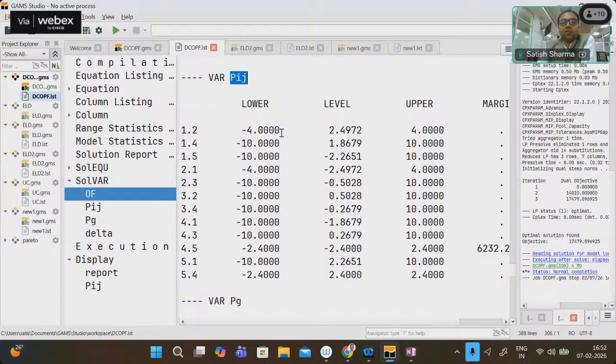Between 1 and 2, this is the power flow, and these were the limits, upper 4.0 and minus 4.0. You can see that all the combinations back and forth have been created, so it is 2.4972, and the other way around is minus 2.4972.